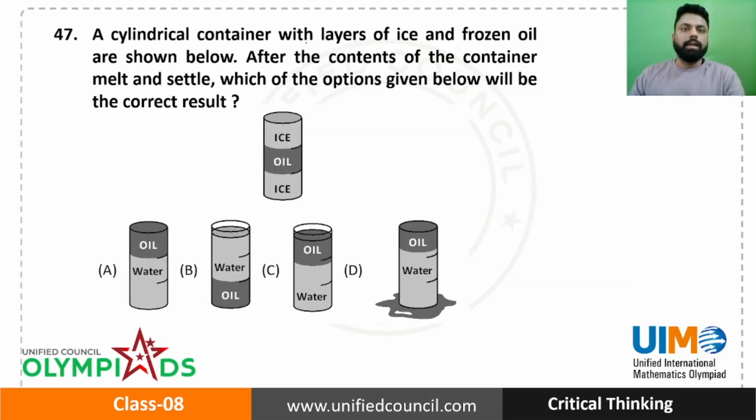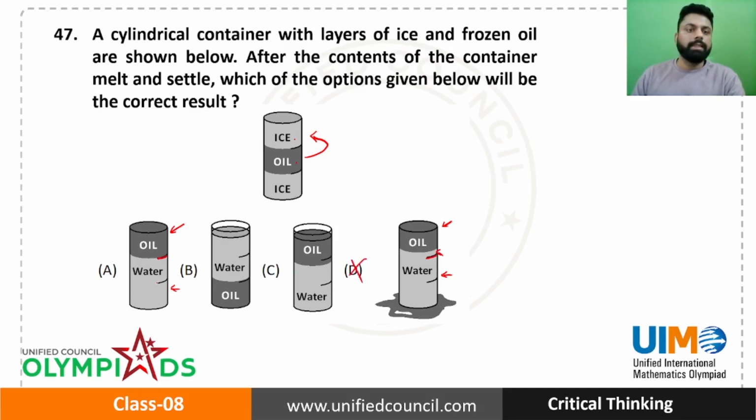A cylindrical container with layers of ice cream and frozen oil is shown below: ice cream, oil, ice cream. After the contents of the container melt and settle, which of the options given below shows the correct result? As we know, oil always comes at the top, so oil will be here, and the water will be at the bottom. Now, this option is entirely filled and going upwards, so it is not the correct one.